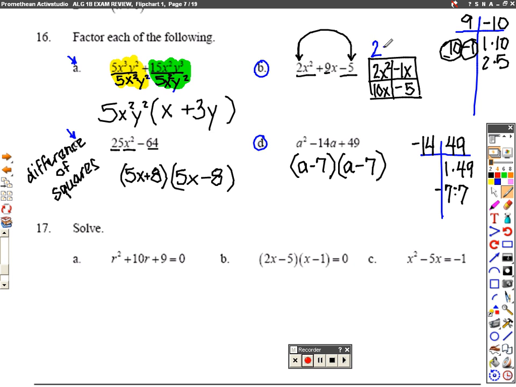These guys have an x in common. These guys have a negative 1 in common. So my first answer is 2x minus 1. My second answer would be, well, they only have an x, and they only have a 5. So my second answer would be x plus 5. If I wanted to check my answer, I would just FOIL the two binomials.